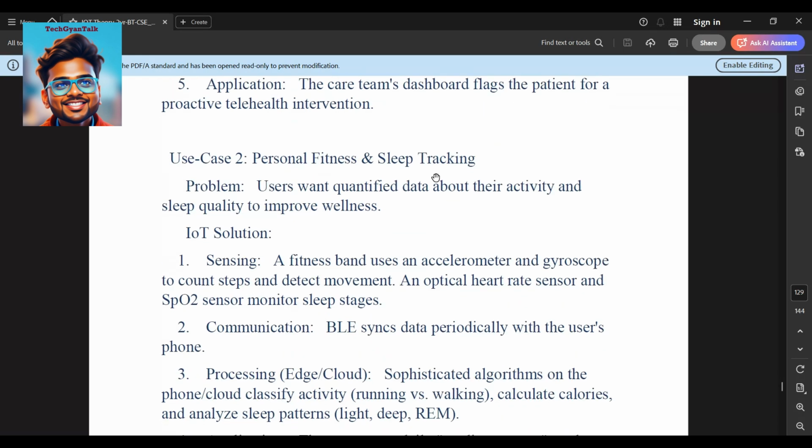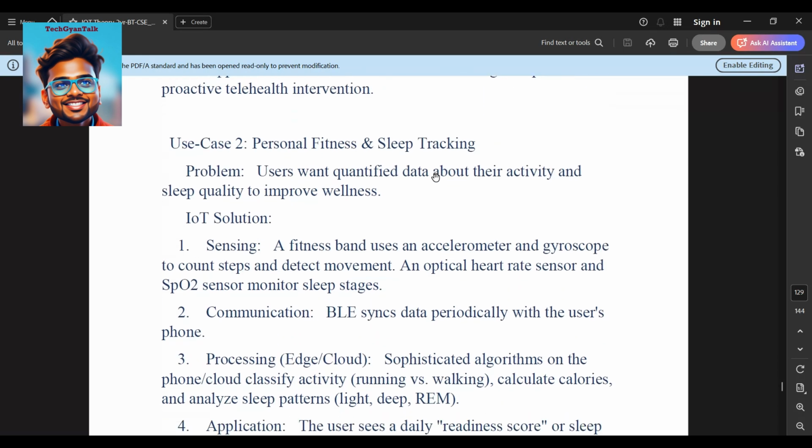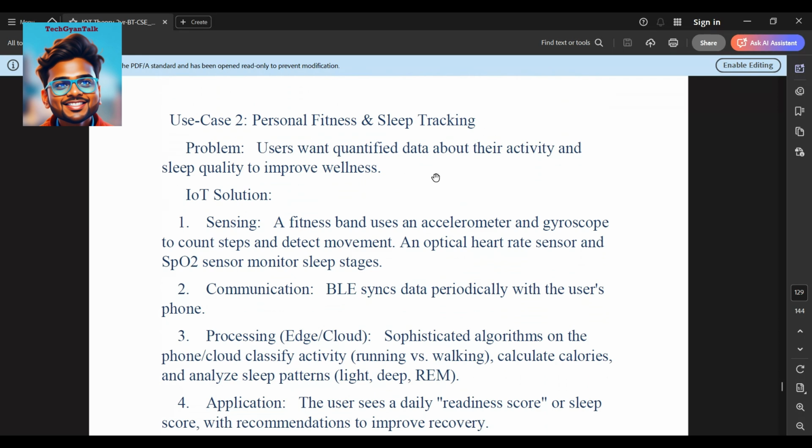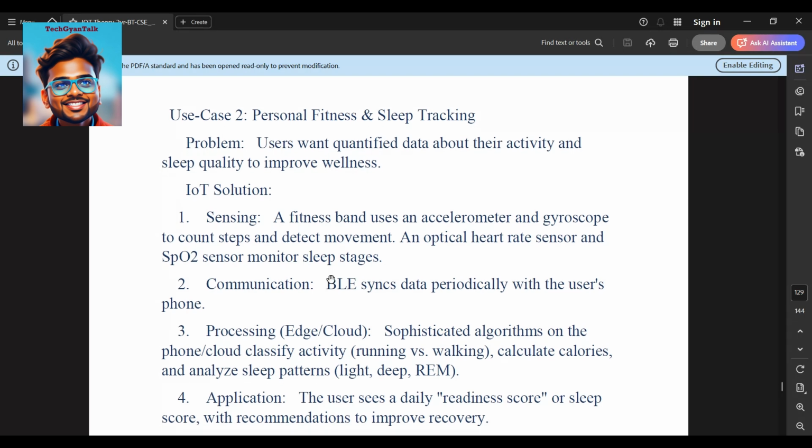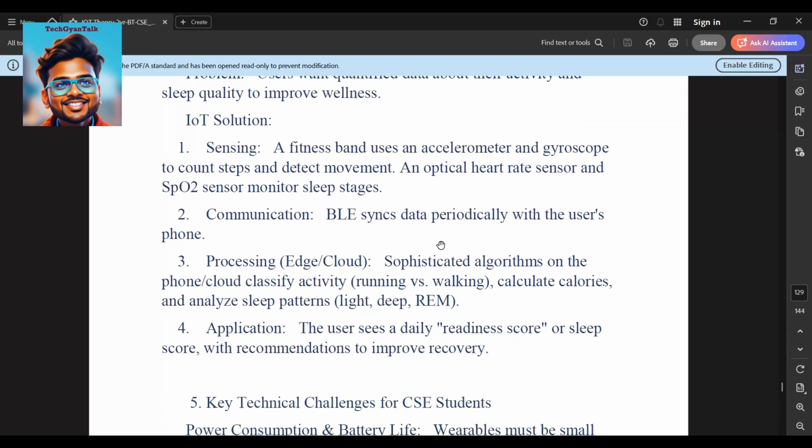Use case two, personal fitness and sleep tracking. The problem: users want quantified data about their activity and sleep quality to improve wellness. For sensing, a fitness band uses an accelerometer and gyroscope to count steps and detect movement, and an optical heart rate sensor and SpO2 sensor monitor sleep stages. For communication, it syncs data periodically with the user's phone.